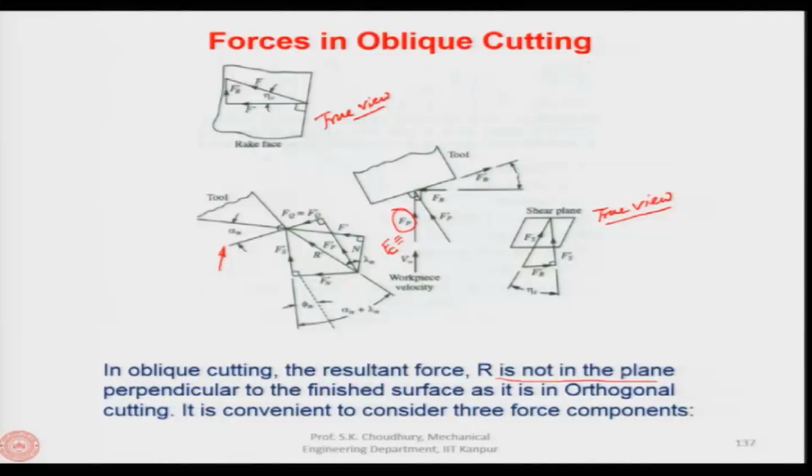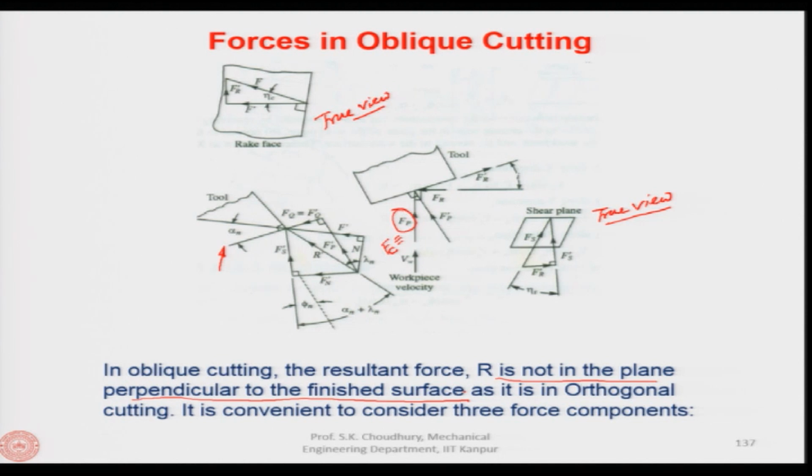The only thing is that the tool is inclined and the cutting forces no longer remain in the x z plane, they will be in the x y z plane, and therefore the resultant force R does not remain perpendicular to the workpiece surface. As we said, initially R is not in the plane perpendicular to the finished surface.